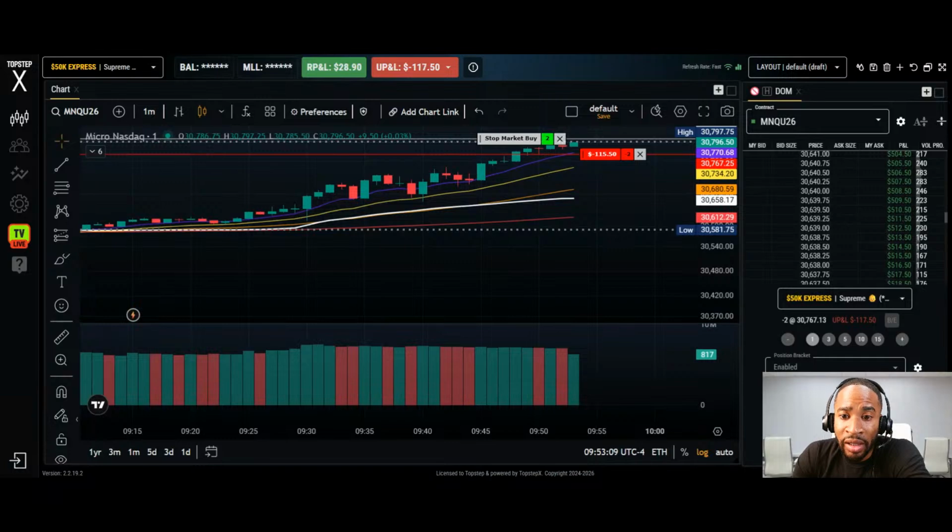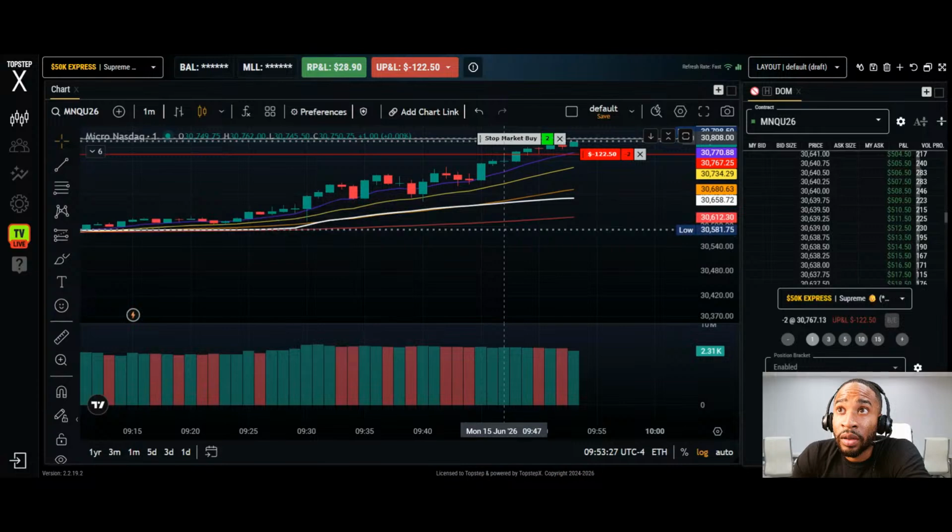I may get stopped out on this trade, but I'm trying to see if we're going to break back below this blue zone. If we break back below this blue zone, I'll sell for a quick gain.